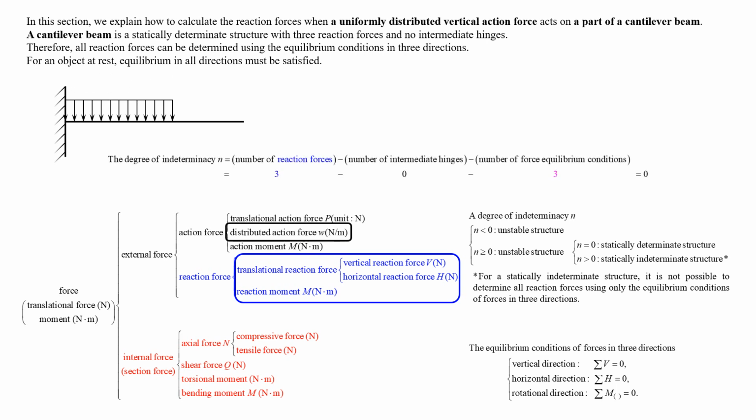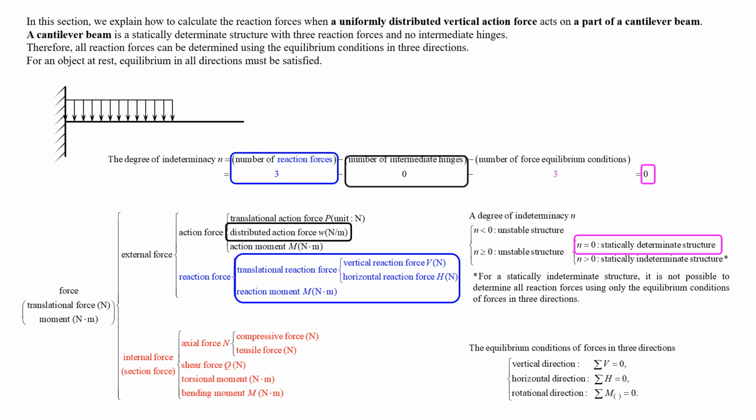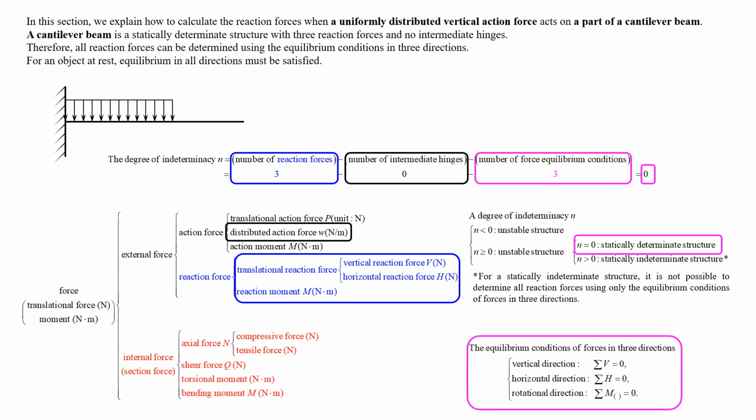A cantilever beam is a statically determinate structure with 3 reaction forces and no intermediate hinges. Therefore, all reaction forces can be determined using the equilibrium conditions in 3 directions. For an object at rest, equilibrium in all directions must be satisfied.